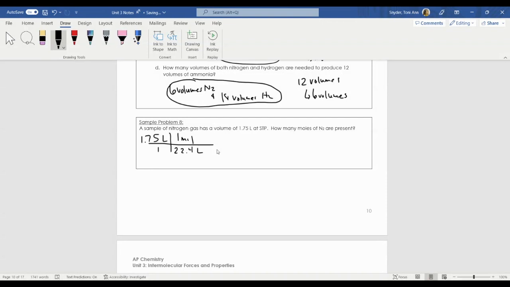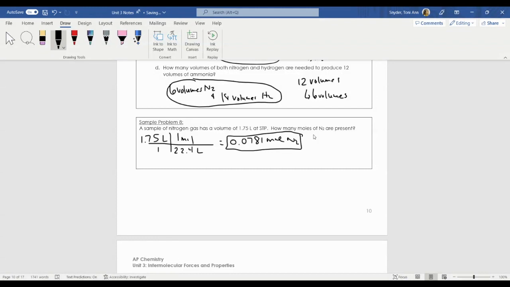Any gas at STP occupies a volume of 22.4 liters. So all I have to do is divide those two values, and I would find that this is equal to 0.0781 moles of nitrogen. And there's our answer. So very simple.